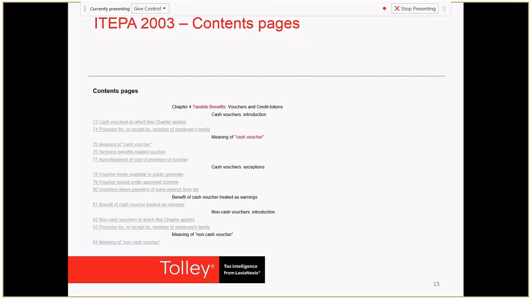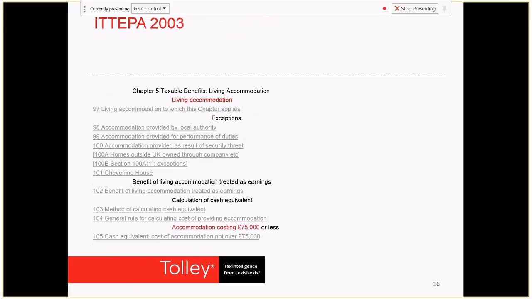Similarly, in ITEPA, earnings and pensions, I can use the contents pages and colour highlighting to help me remember taxable benefits, non-taxable benefits, yes? So red is bad, green is good. So taxable benefits are things like cash vouchers, living accommodation. There's something about accommodation costing more than 75,000, isn't there?